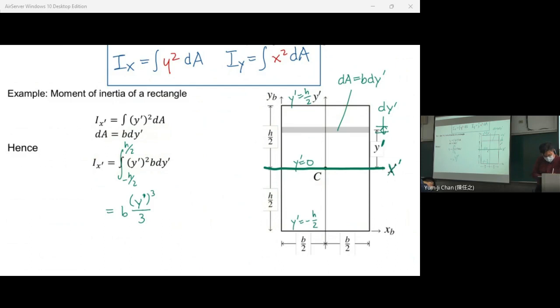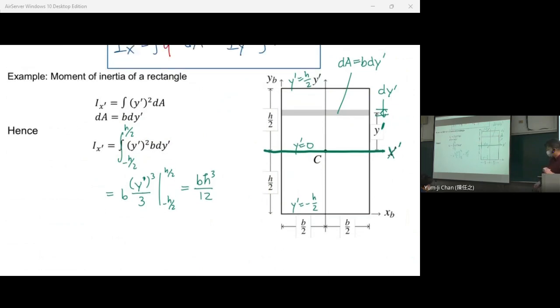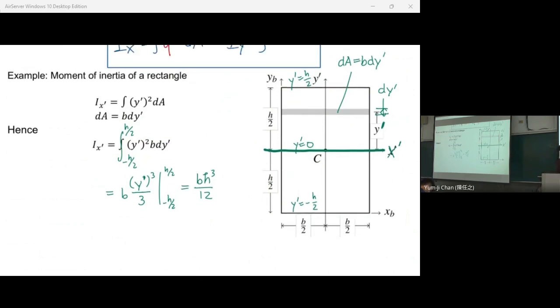And then we evaluate from minus half of h to half of h, which is equal to bh cubed over 12. You will remember this next year. You will memorize this next year.